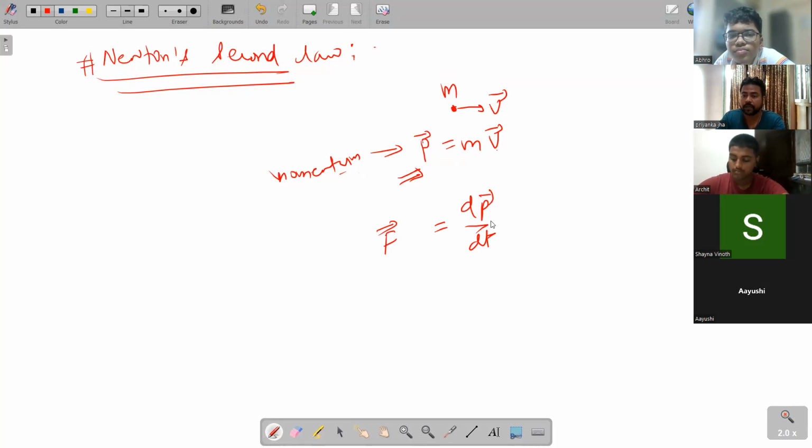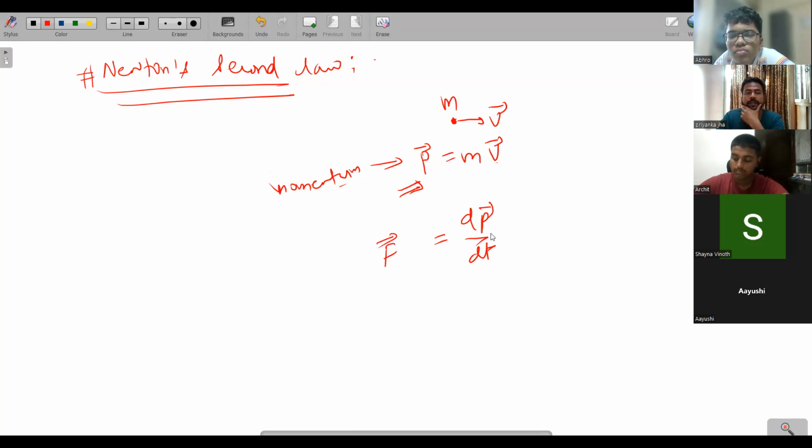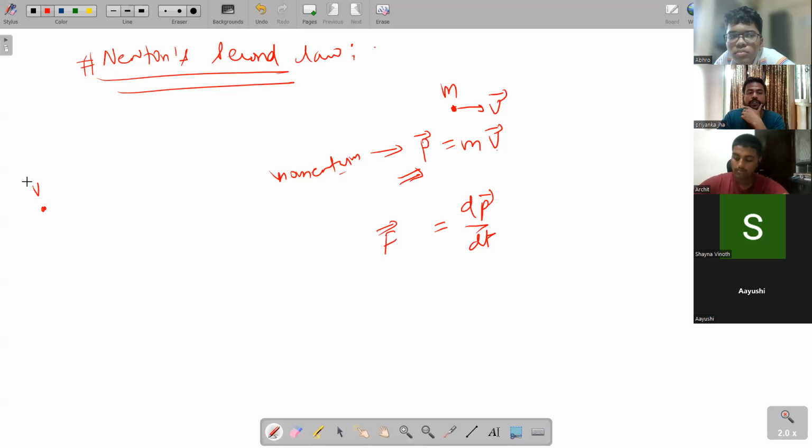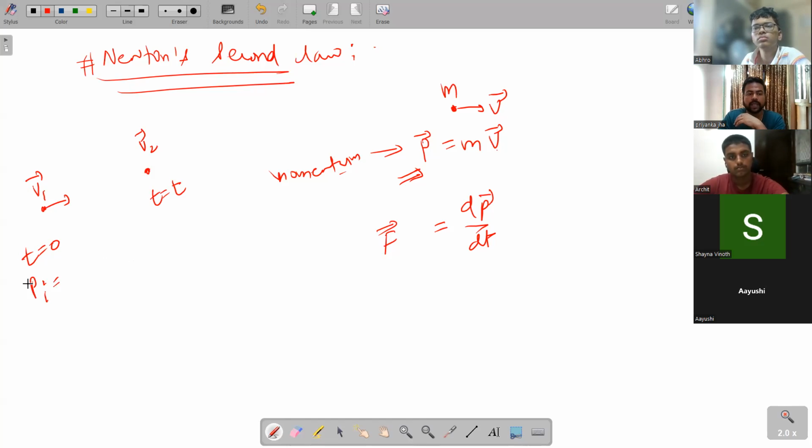And for a longer period of time, suppose any object is moving with some velocity v in this direction at time t equal to 0. After some time, its velocity may become something else at t equal to t. Then initial momentum will be mv1 and final momentum will be mv2.